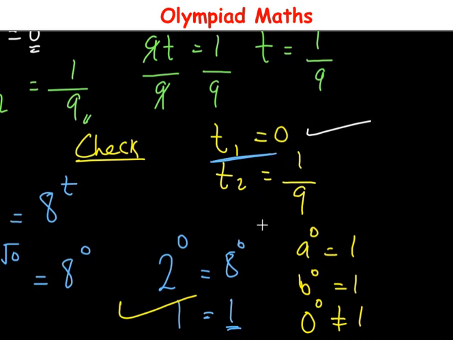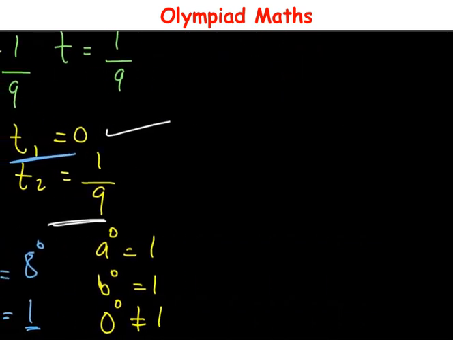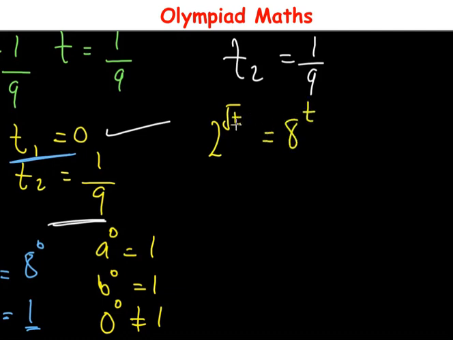What of t2 equals 1 over 9? Let's check that out. So right here, t2 is equal to 1 over 9. And the question is 2 raised to power root t is equal to 8 raised to power t. And from here, 2 raised to power root t, with t is 1 over 9, is equal to 8 raised to power 1 over 9.